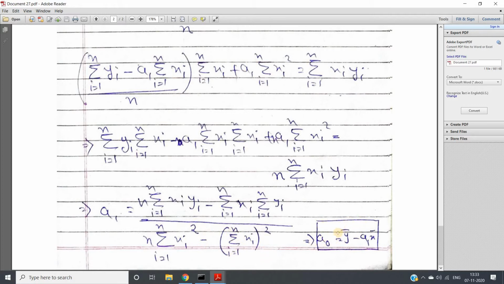And a naught is basically y bar, the average of y, minus a1 times x bar, the average of x. That's all, right?